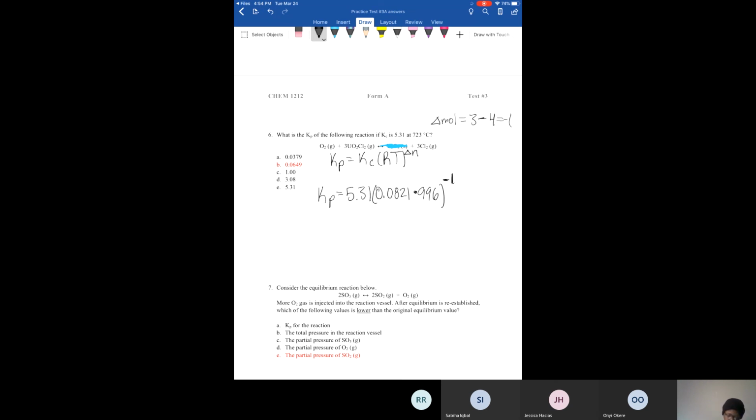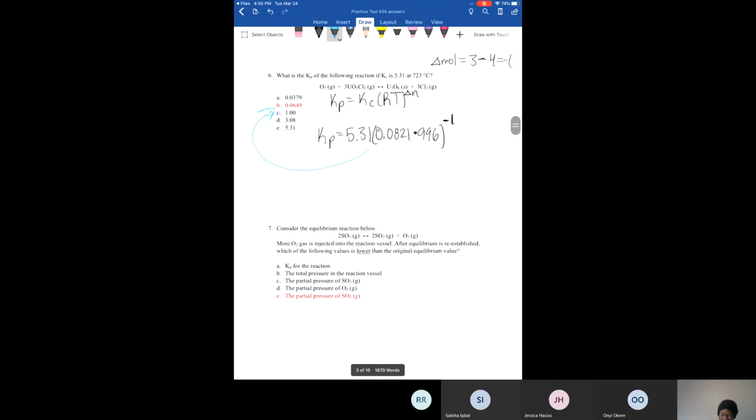That's why I crossed out one of the products, because it's a solid. You don't use solids or liquids, only gas and aqueous. It's only the concentrations that could actually change at equilibrium. The solid concentration is not going to change. If you do all of this, you're going to end up with that answer, I promise.